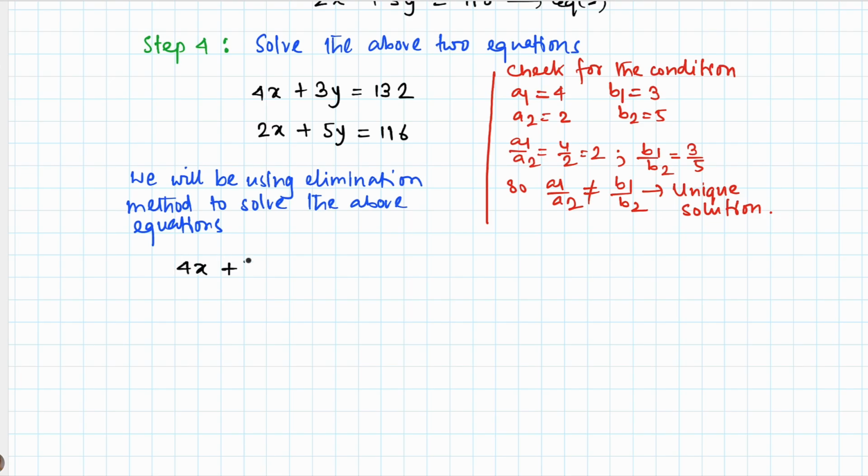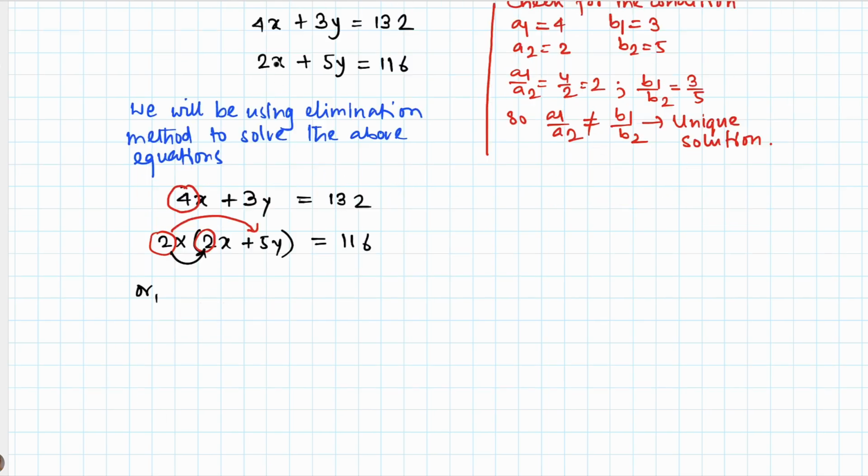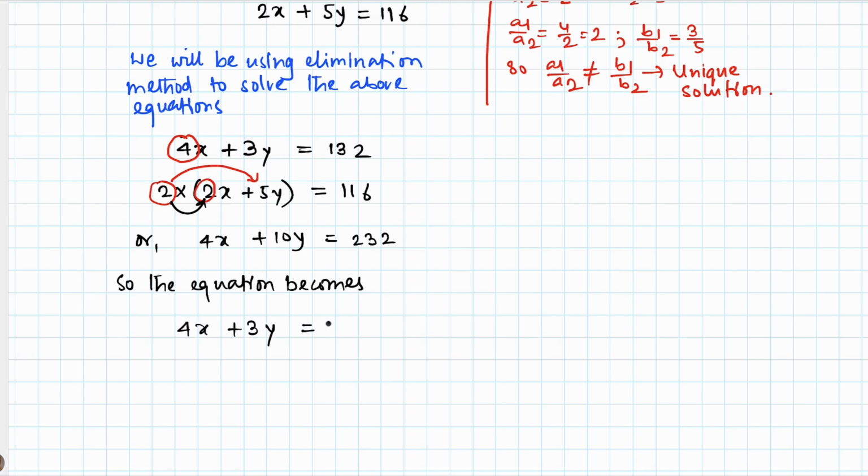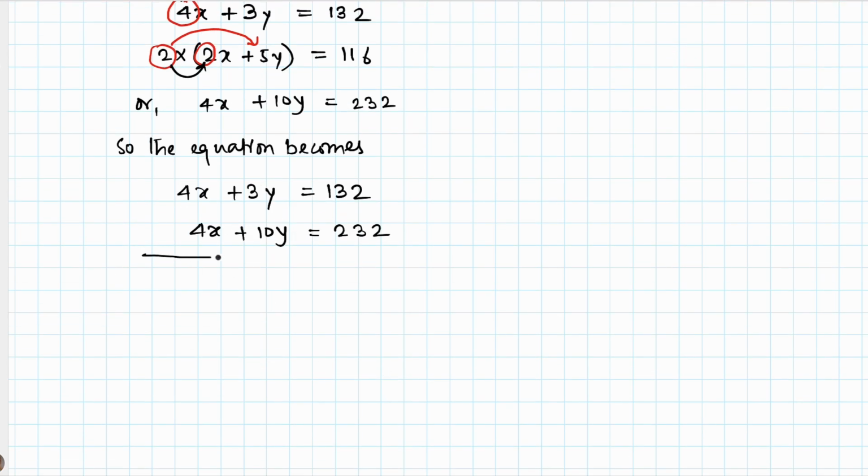So let's solve it. 4x plus 3y equal to 132. We are multiplying the second equation with 2 to make the coefficient of x equal, and then we'll subtract. The second equation we'll get is 4x plus 10y equal to 232. So the equations become 4x plus 3y equal to 132 and 4x plus 10y equal to 232.